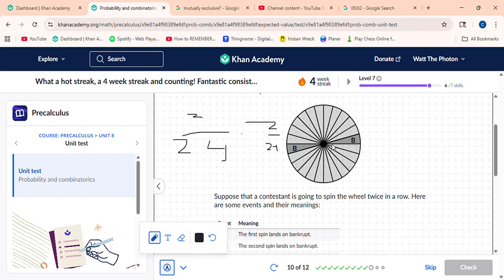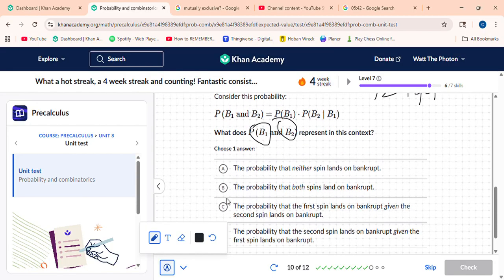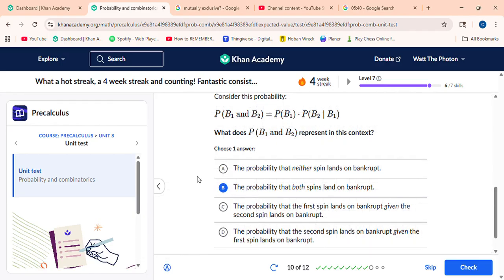It might actually be 1 out of 24. I'm talking about the first spin. So it'd be 1/12 times 1/12, which is 144. Both land on the bankrupt.